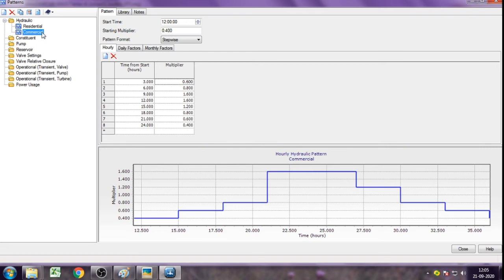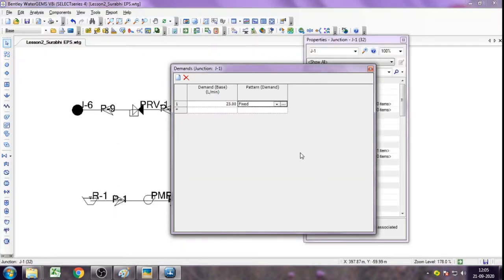So now we have made the residential and commercial cases. Now we will close. Now that we have defined the residential and commercial cases, the 23 liter per minute demand, for this demand the pattern we will keep as residential, and for commercial 15 liter per minute.